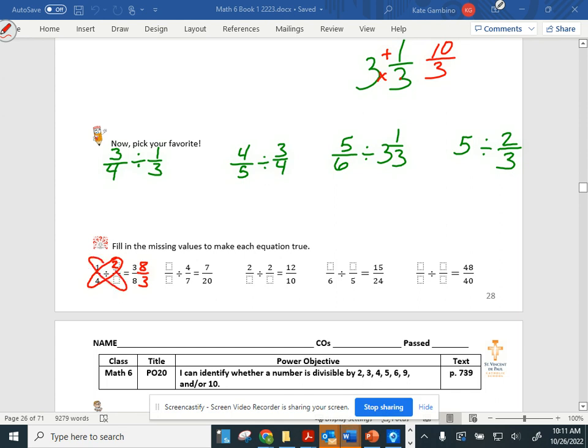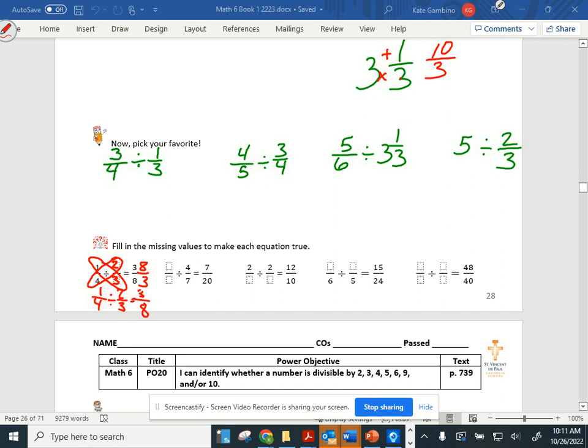So then 1 times what equals 3? 3. So if I look at that, 1/4 divided by 2/3 equals 3/8. Then if you look at your cross multiplying, 1 times 3 is 3, 4 times 2 is 8.